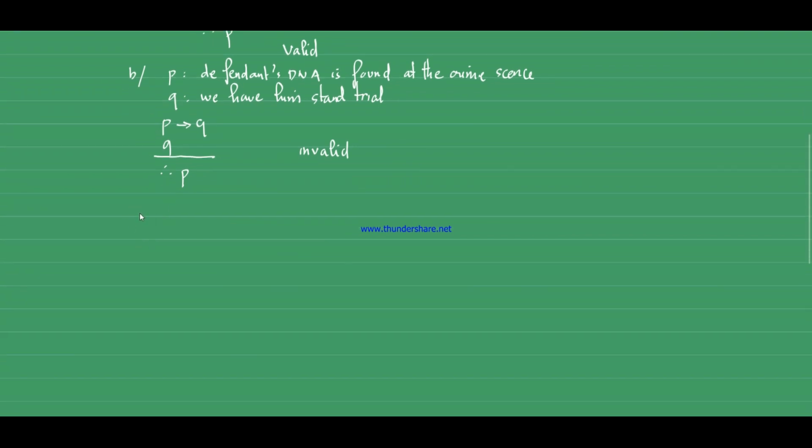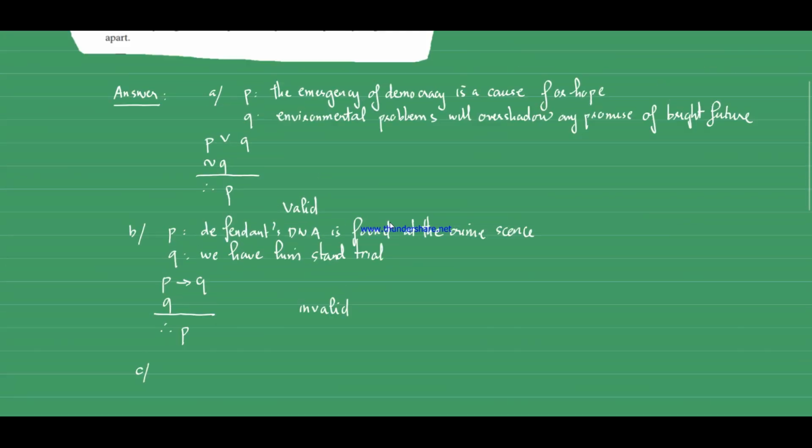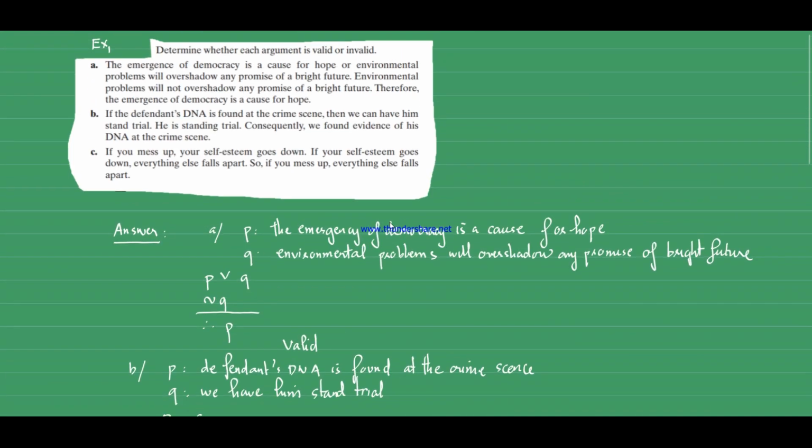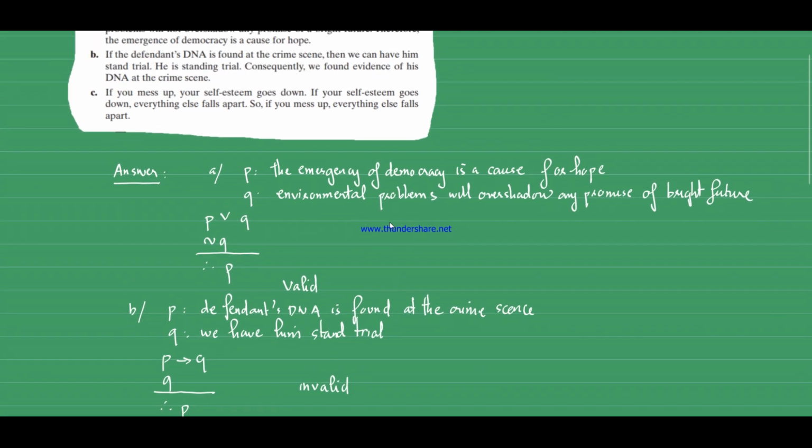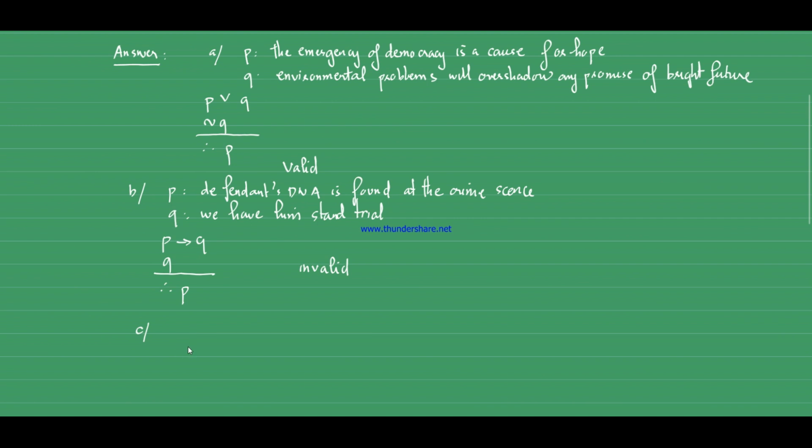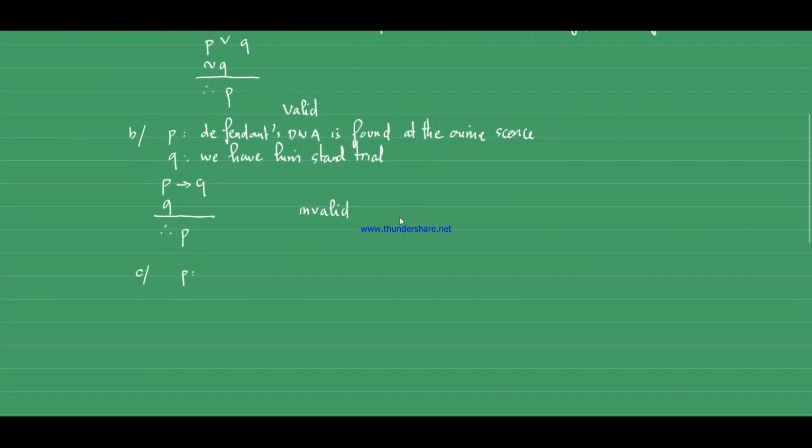Okay, so now part C. If you mess up, your self-esteem goes down. If your self-esteem goes down, everything falls apart. So P is you mess up.